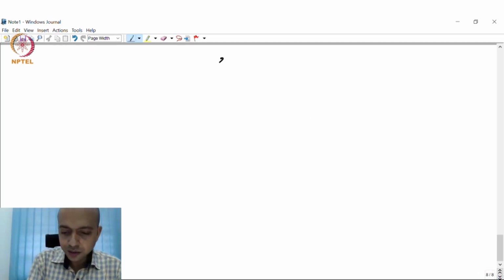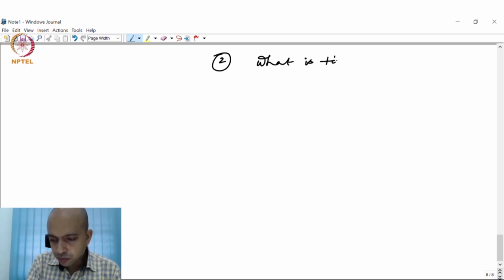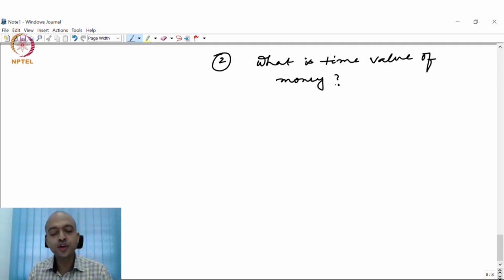Then secondly, we have included time also in the component of total cost. What is the time value of money that we need to decide?